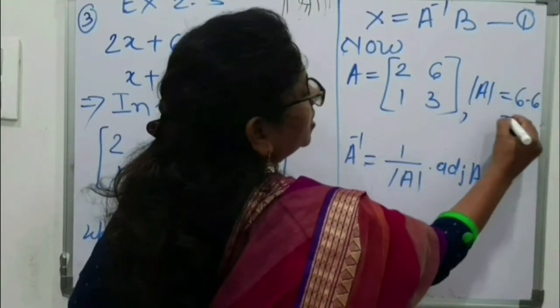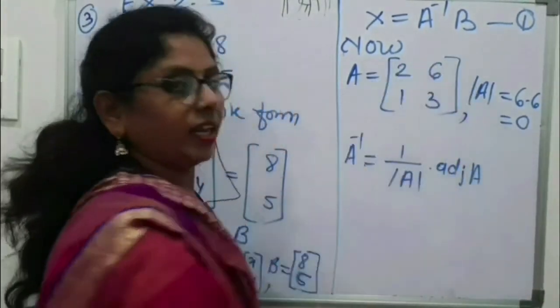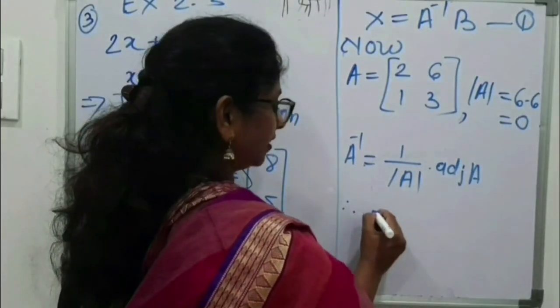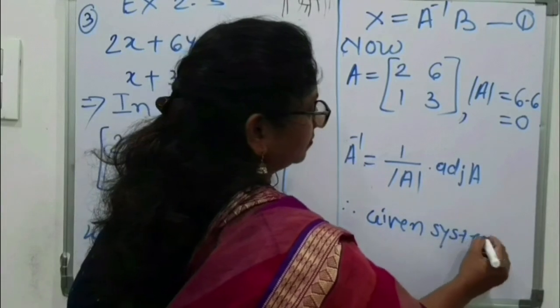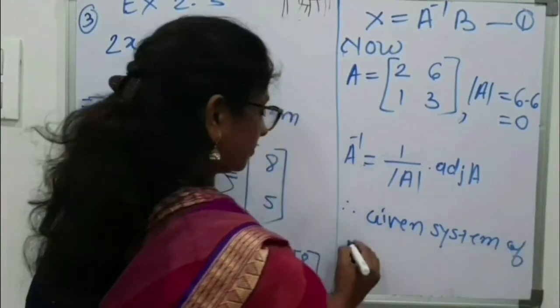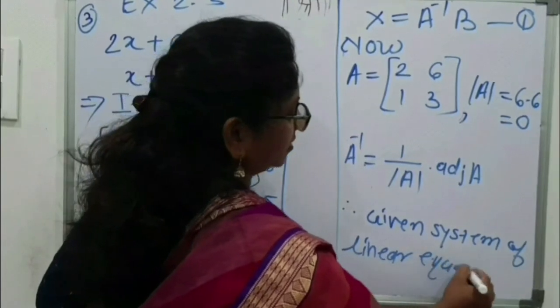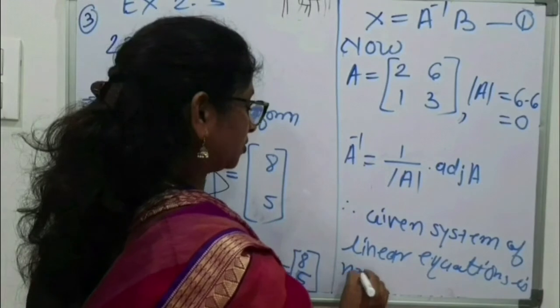Oh, this is 0. It means this is not invertible. Hence the given system of linear equations is not solvable.